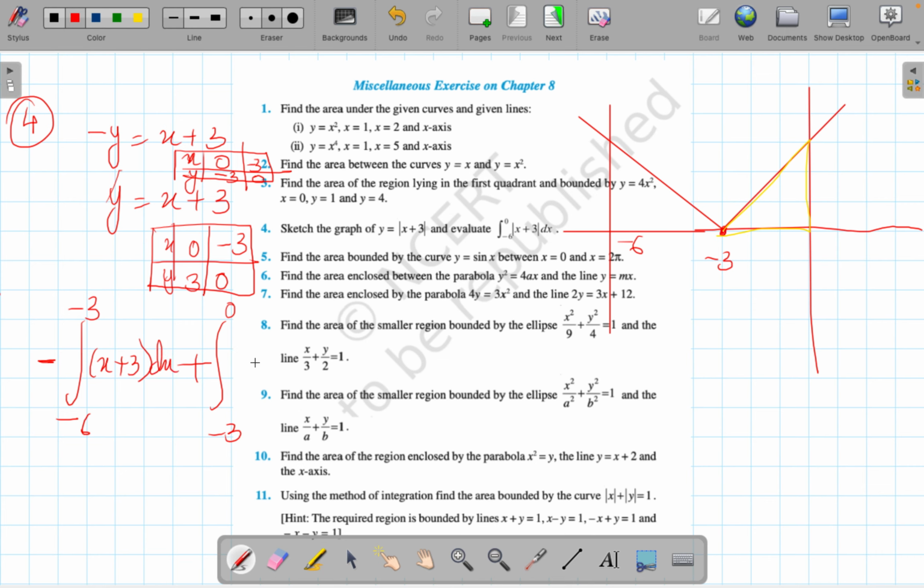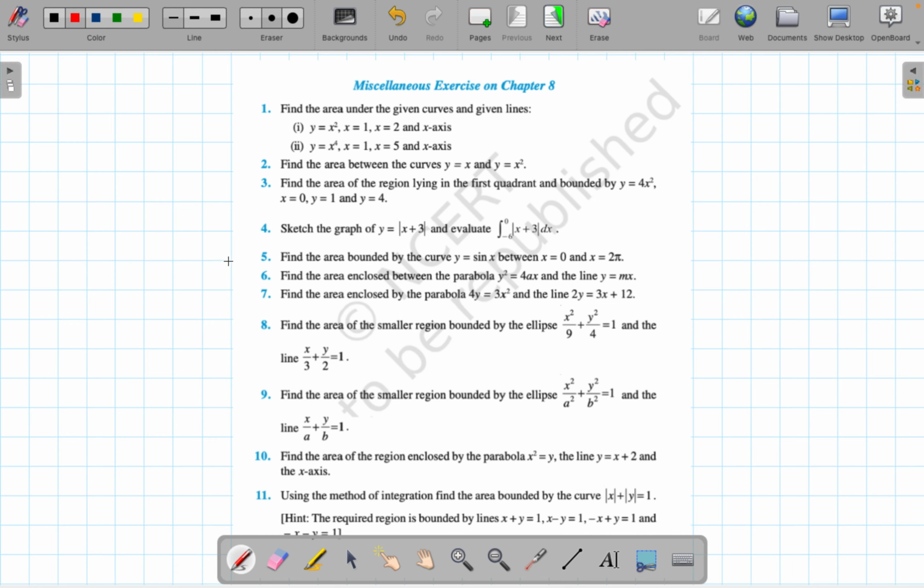And when we talk about this, it will be positive. So again, you know how to do the integration. So this is how you evaluate a modulus function. All right, that is question number 4 for you. Question number 5 is again not in the syllabus. Question number 6 will happen.